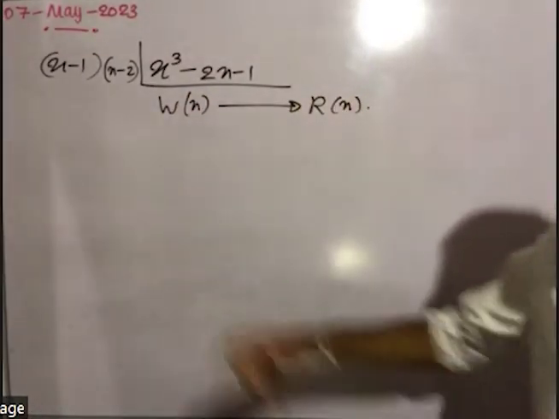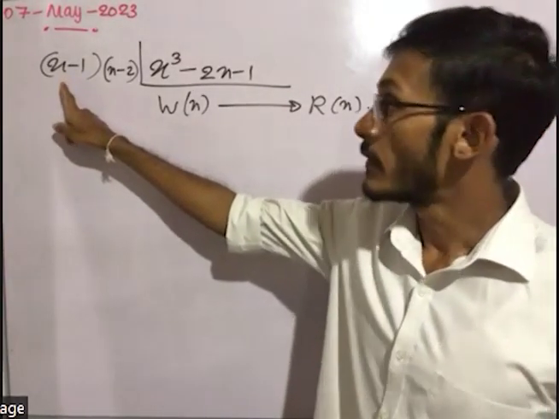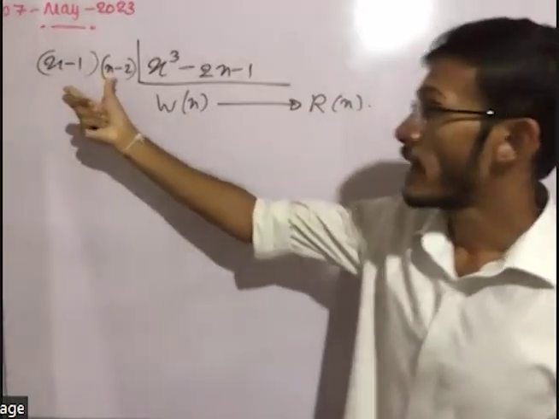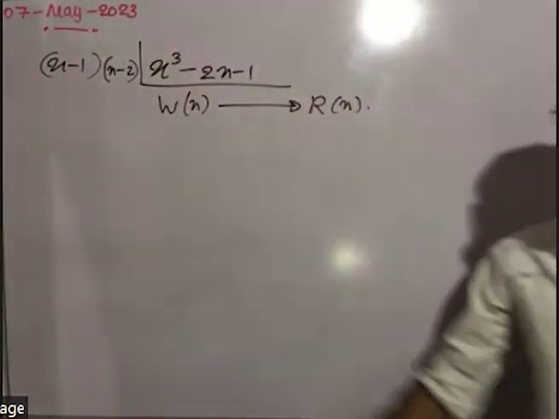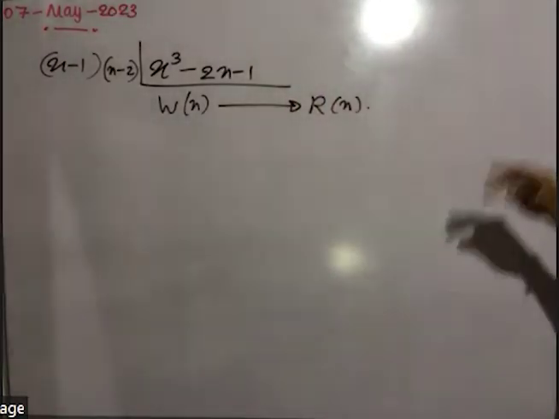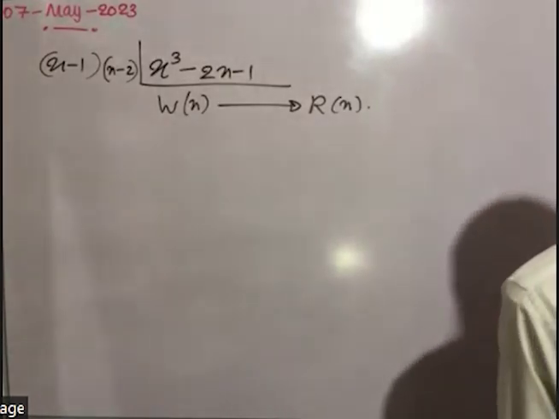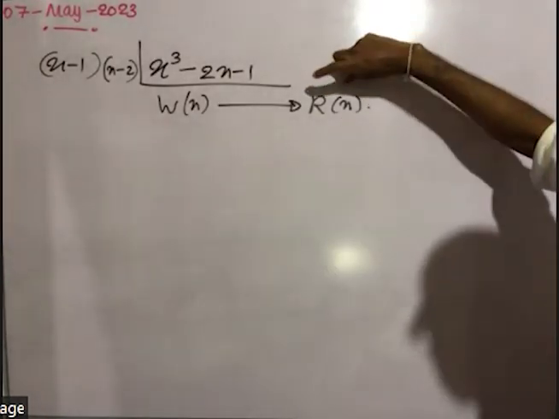Now here the divisor is a quadratic function, so its degree is 2. So the degree of the remainder will be 2 minus 1, that is 1. That means the remainder is a linear expression.